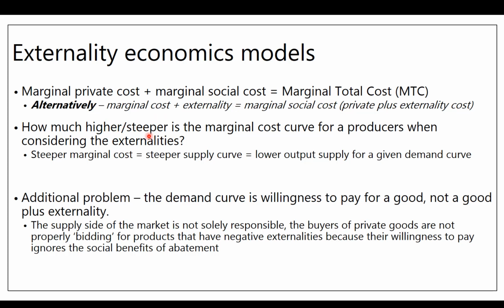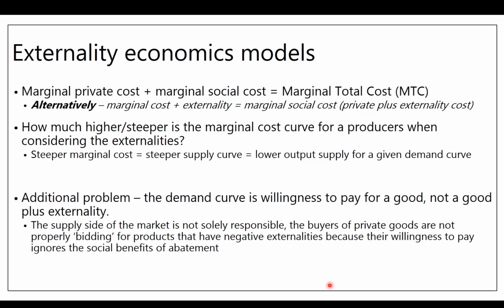And so the real question is, how much higher or steeper is that marginal cost curve when you add the externality cost onto it? We know it's going to be higher, and we know that a steeper marginal cost will give a steeper supply curve and a lower output supply for the same demand curve. Okay, so just think of it this way. I don't have the drawer turned on, but you have a marginal cost curve or a supply curve here.